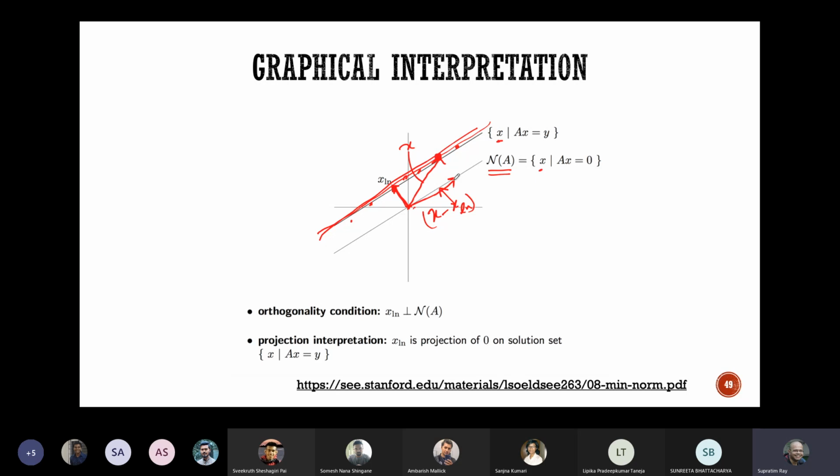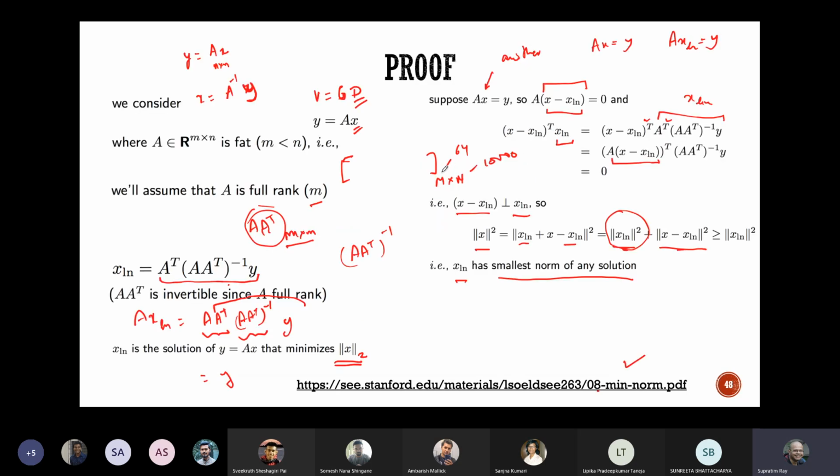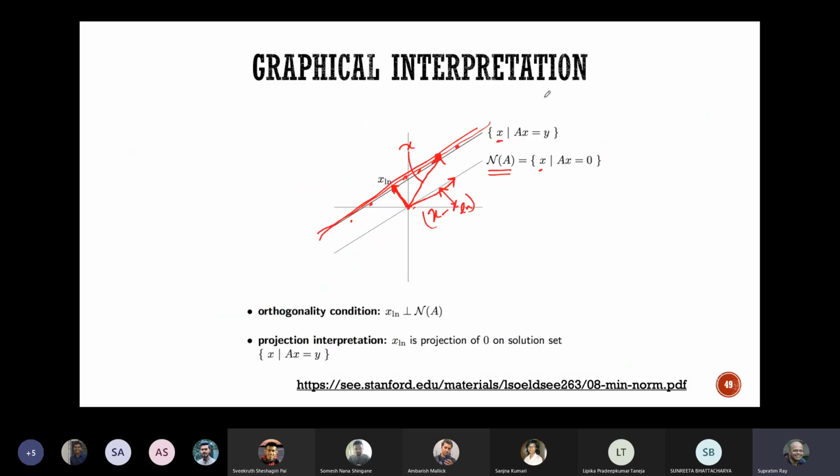Notice that this x minus x_ln now lies in the null space of A. That's this thing here. X minus x_ln lies in the null space of A, and x_ln, this vector, is orthogonal to x minus x_ln.